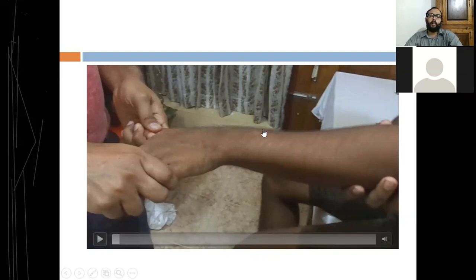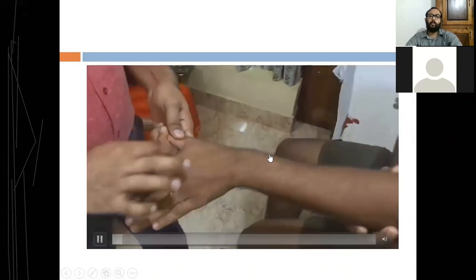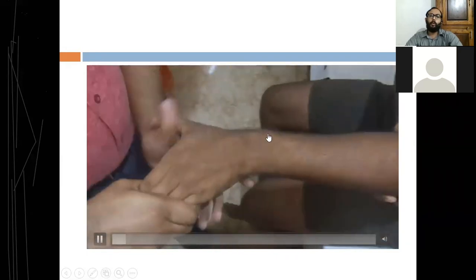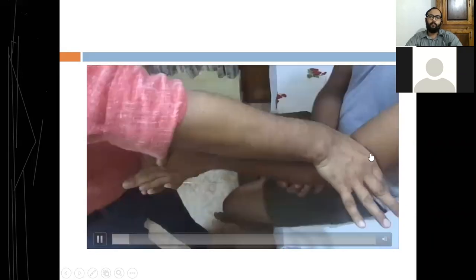By giving ulnar deviation itself, the lateral displacement of the radius will be corrected. And the second correction is correction of posterior displacement or dorsal displacement. This is counter traction.